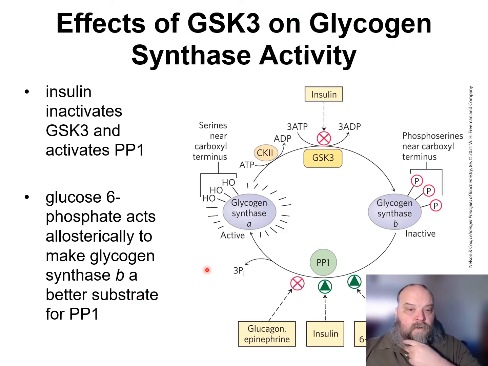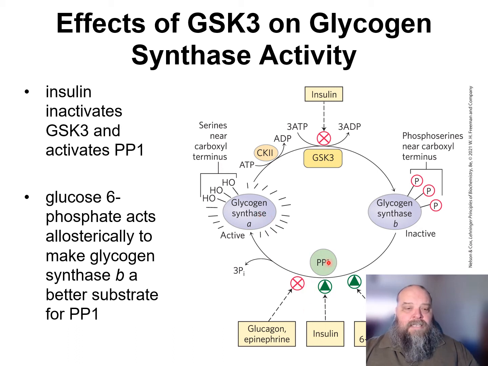How's this working? Well, inactive form: you don't need glycogen right now. Got enough. Glycogen synthase, the enzyme that makes the glycogen, is phosphorylated and inactive. PP1 is going to pluck those phosphates off and turn it into the active A form.